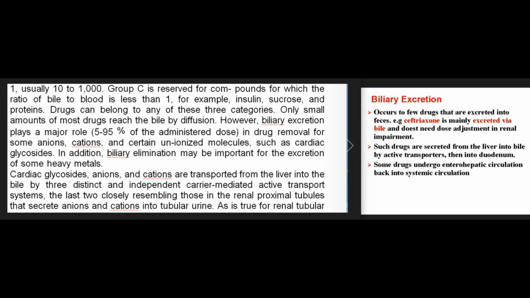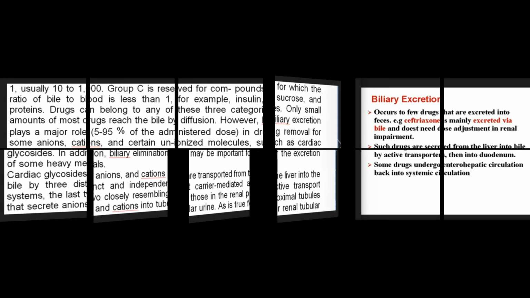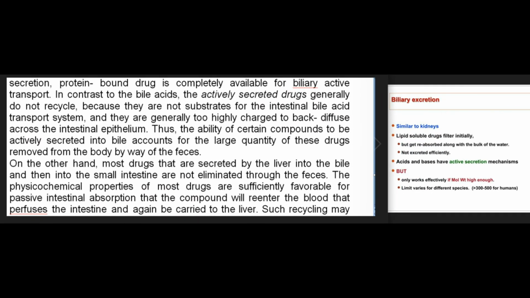Cardiac glycosides, anions, and cations are transported from the liver into the bile by three distinct and independent carrier-mediated active transport systems, the last two closely resembling those in the renal proximal tubules that secrete anions and cations into tubular urine. As is true for renal tubular secretion, protein-bound drug is completely available for biliary active transport.